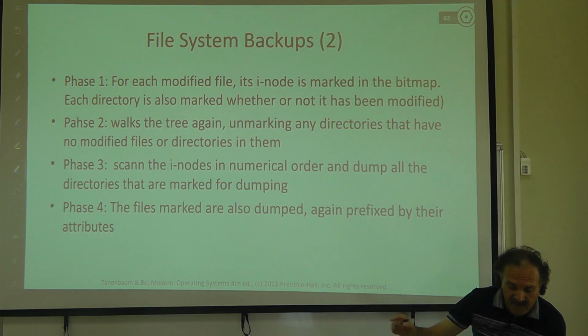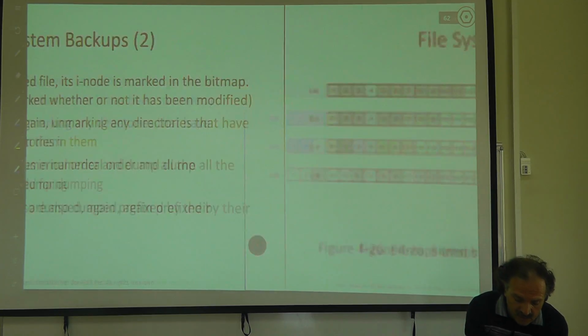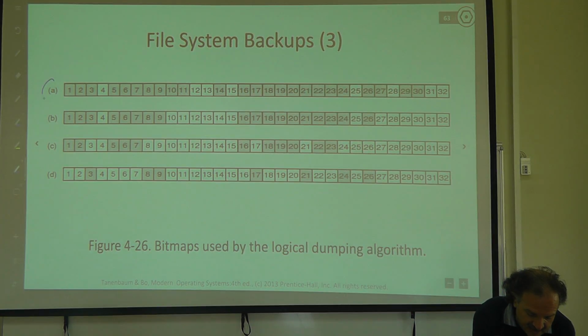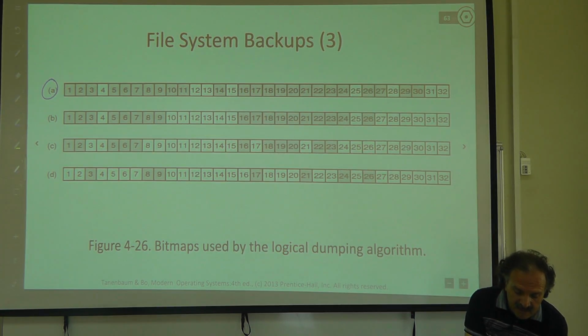I have a bitmap of inodes, and for each directory I do the same thing too. So this part A is my bitmap, and I mark all the files modified, also all the directories that contain those files.